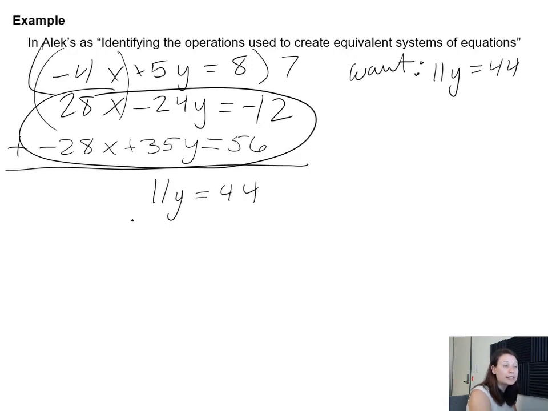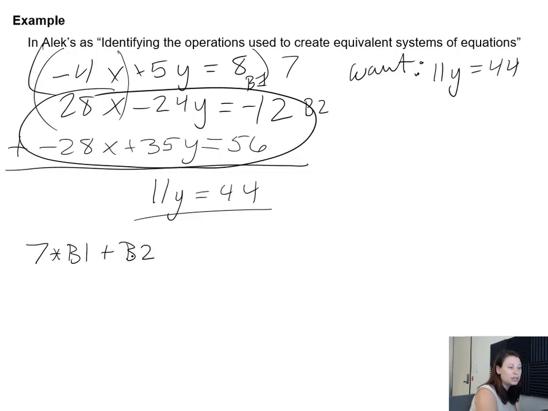That's exactly what we wanted, right? So let's think about what we did. This was B1, and this is B2. We did 7 times B1 plus B2, and then took that and put it into the C2 position, okay?